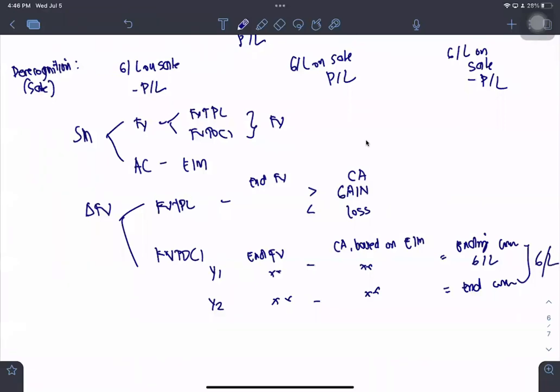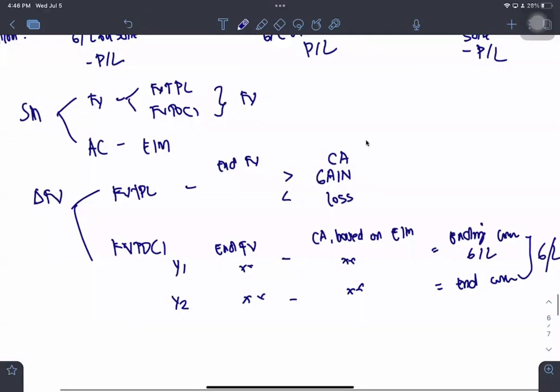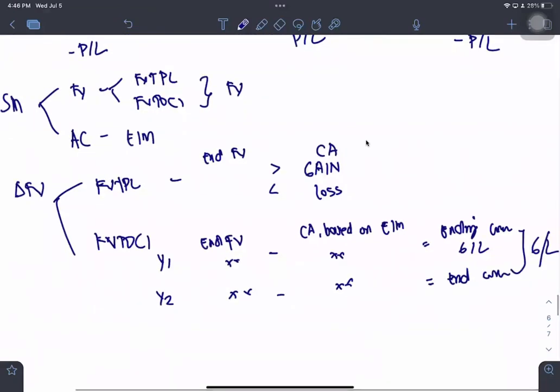So just take note of this slight difference in the computation of your changes in fair value. For FVTPL, again, you just compare the ending fair value to the carrying amount. Whatever is the difference is the gain or loss. For FVTOCI, the ending fair value you compare to the carrying amount based on effective interest method.